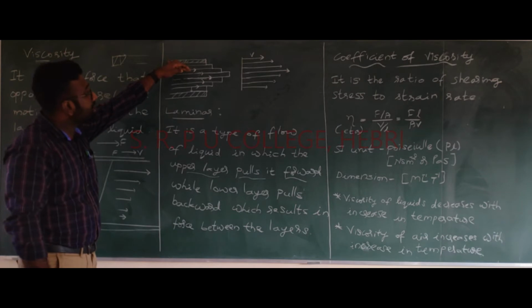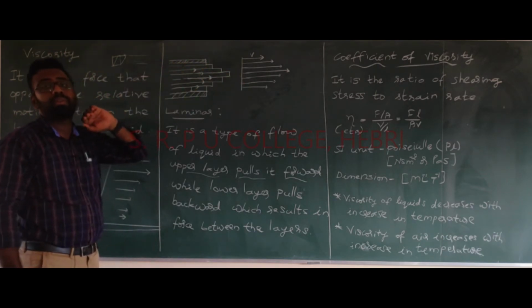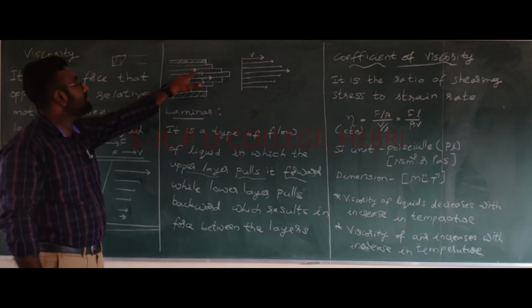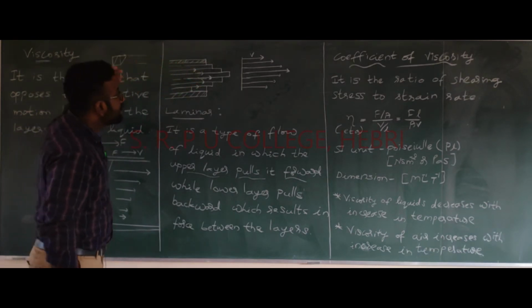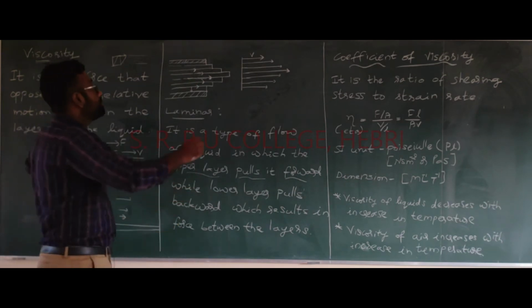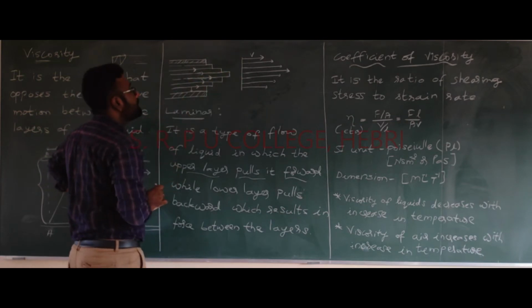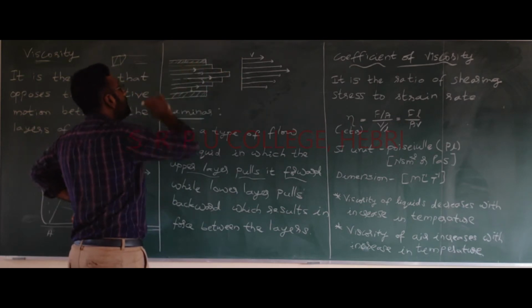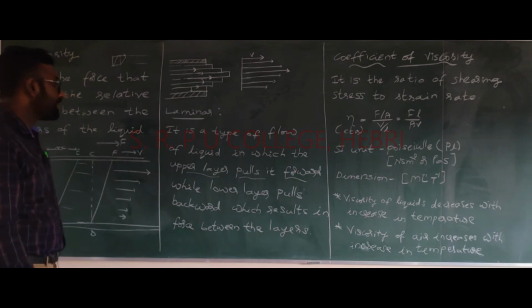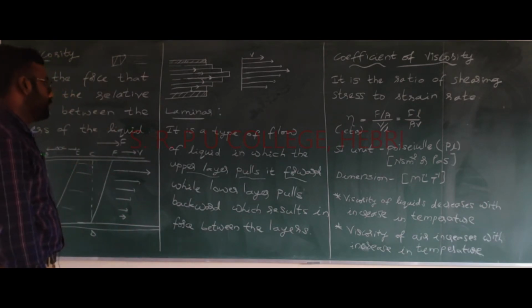These layers are actually helping the middle layer to move forward. So this layer will have maximum velocity while these layers will have minimum velocity. Such type of flow is known as laminar flow.